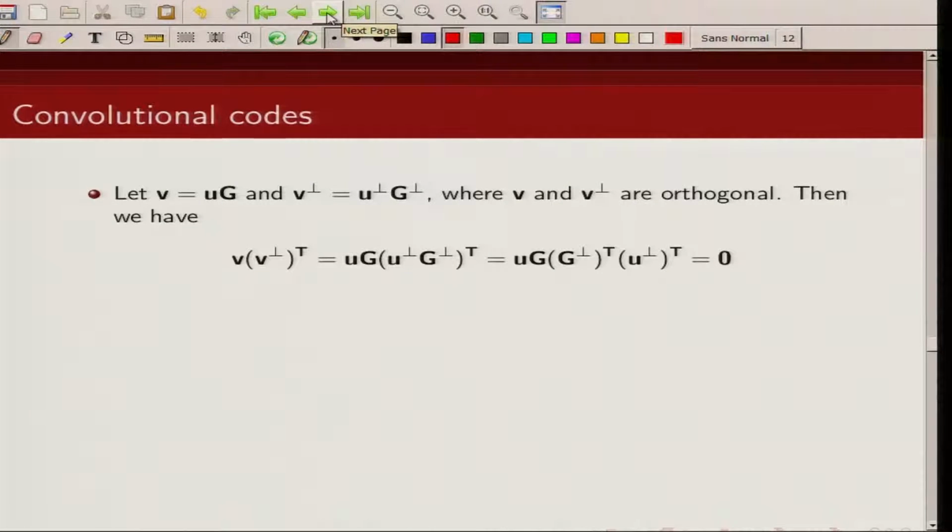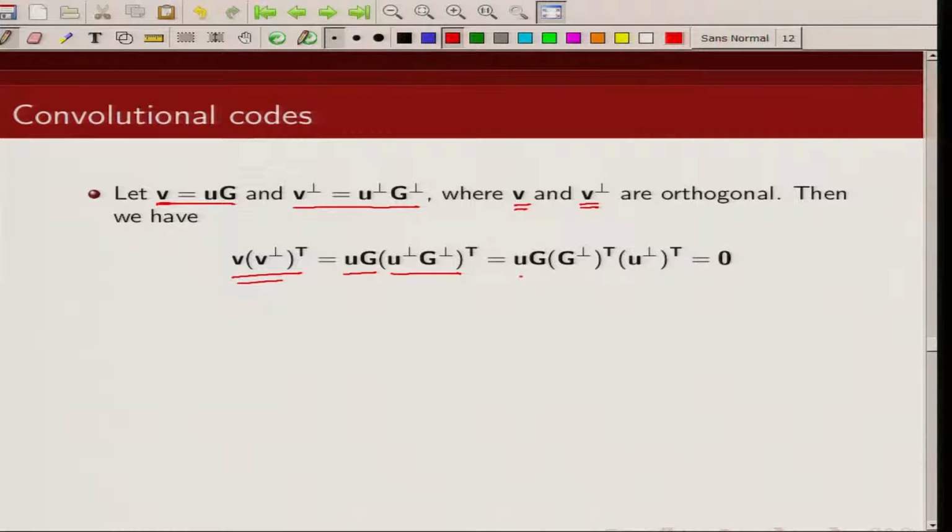So, how does this follow? Since v v dual transpose is 0, what is v? v is u times G and v dual is u dual times G dual. Now, we know that they will be duals of each other if v and v dual are orthogonal. So, if this inner product is 0, then u G and this transpose should be 0.